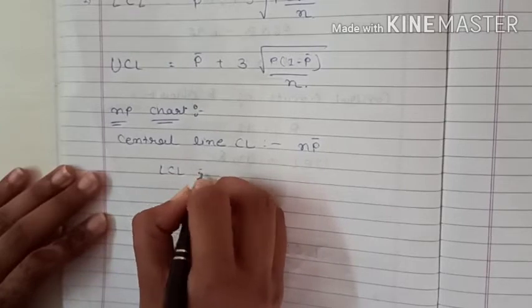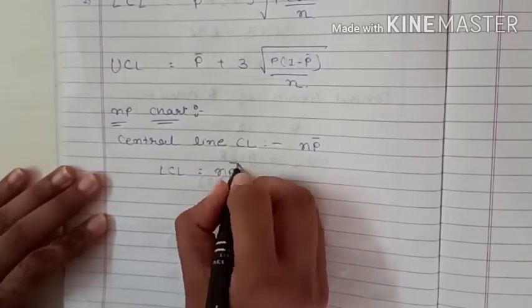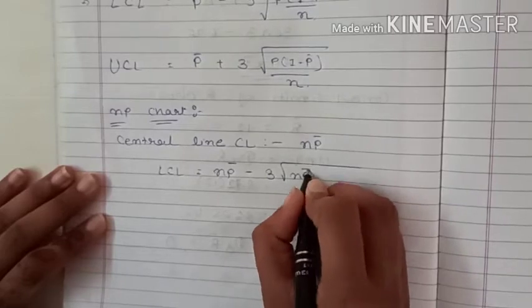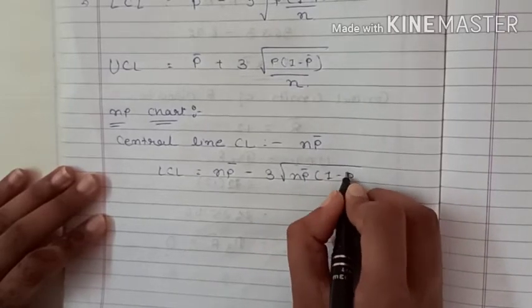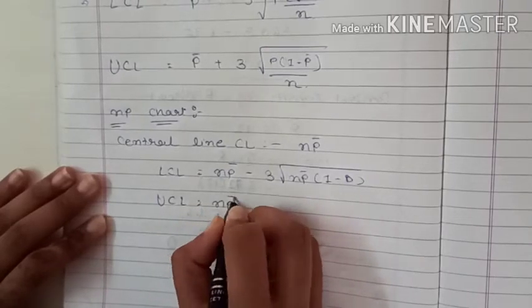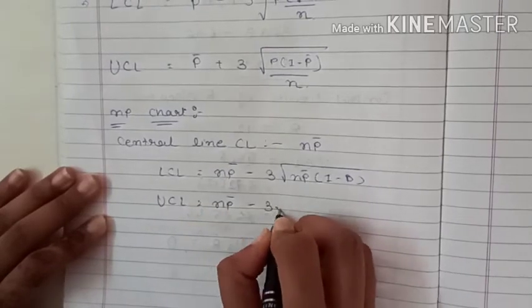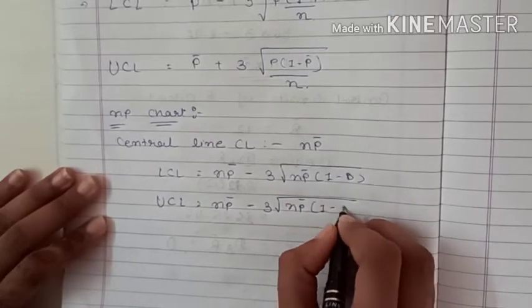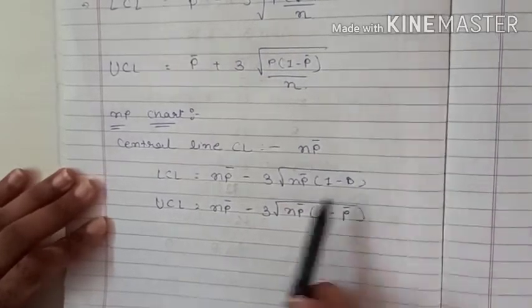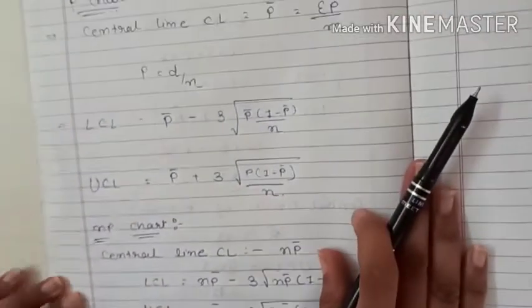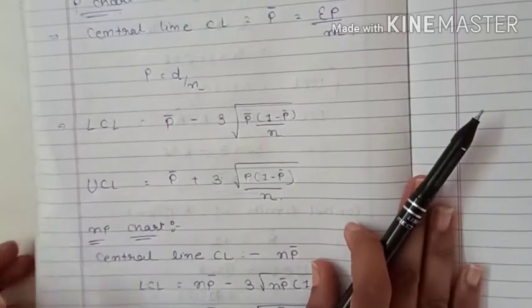Lower control limit is equal to NP bar minus 3 under root NP bar into 1 minus P bar, and upper control limit is equal to NP bar plus 3 under root NP bar into 1 minus P bar. These are the control limits of the NP chart, and those were the control limits of the P chart.